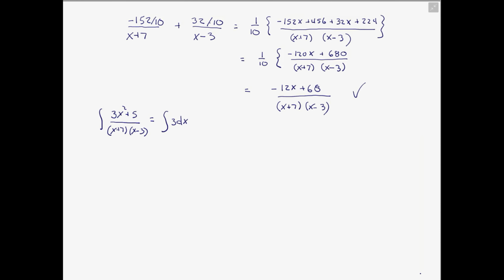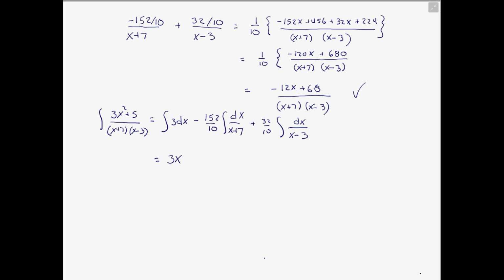equals 3 dx minus 152 tenths dx over x plus 7 plus 32 tenths dx over x minus 3.